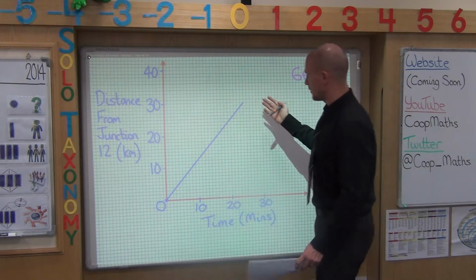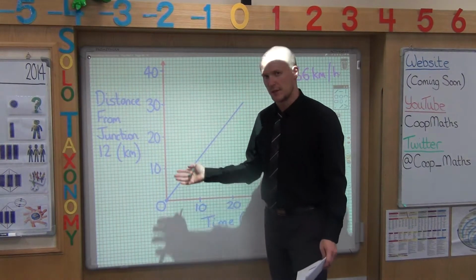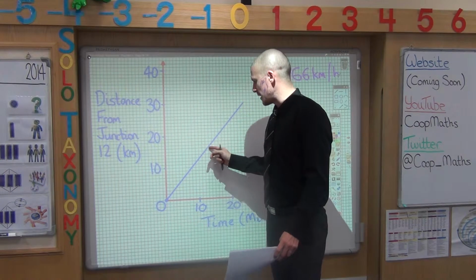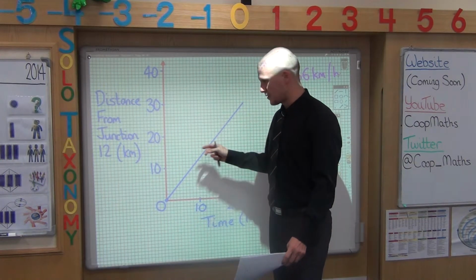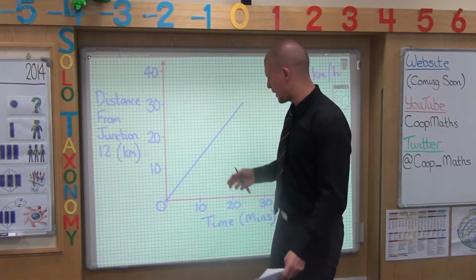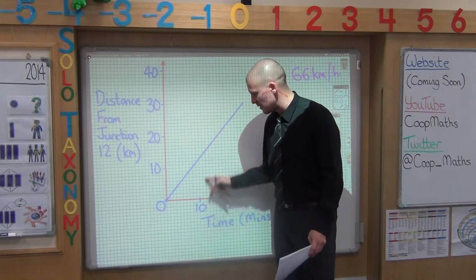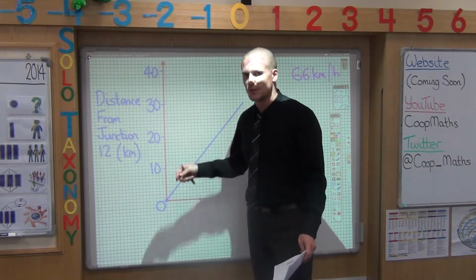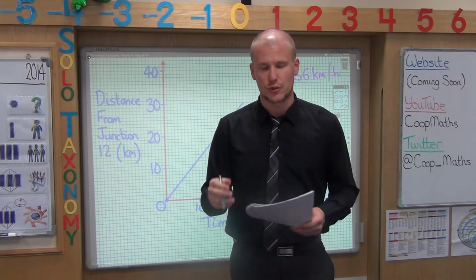The first thing to do, if you're going to use this graph to determine Debbie's speed, is to identify a point on this line that is clearly defined as crossing the corner of a square. What I mean by that is that you pick a point on that line where you can clearly see that it is so much time, and you can clearly see that it's so much distance. You don't want to start rounding, or if it goes halfway through, just assuming it's half.